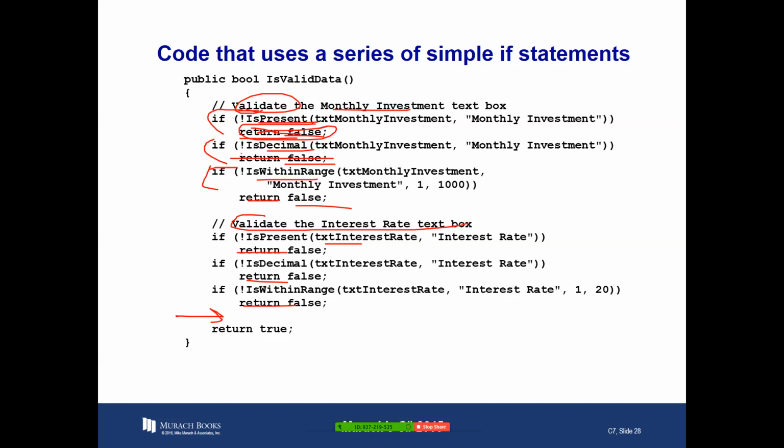And the interest rate must be present, must be a decimal number, and must be in range. So none of these return falses will be taken because everything was cool.